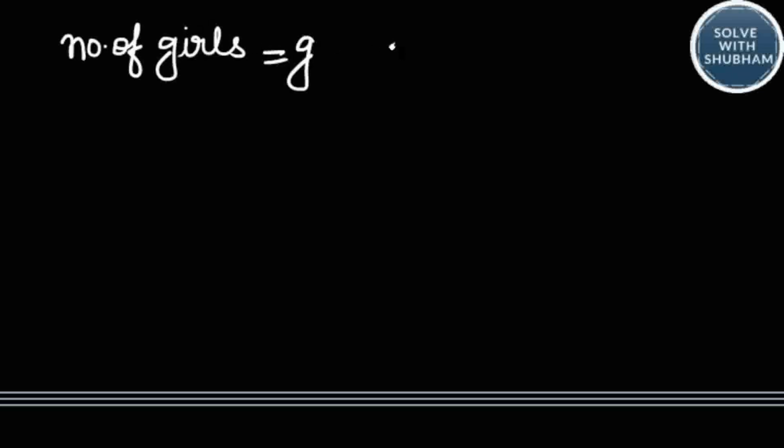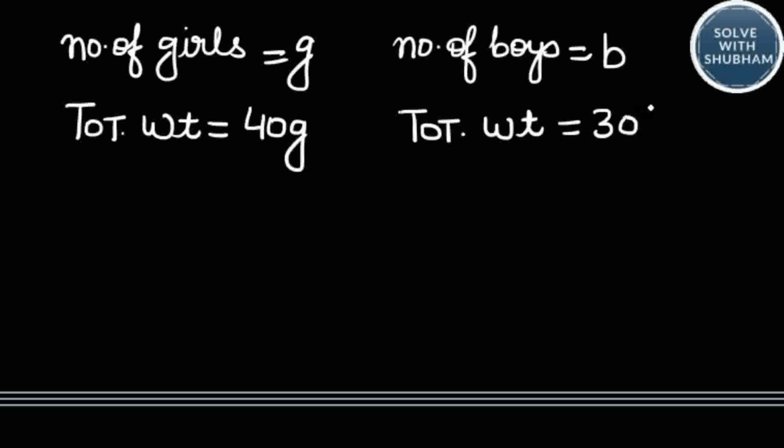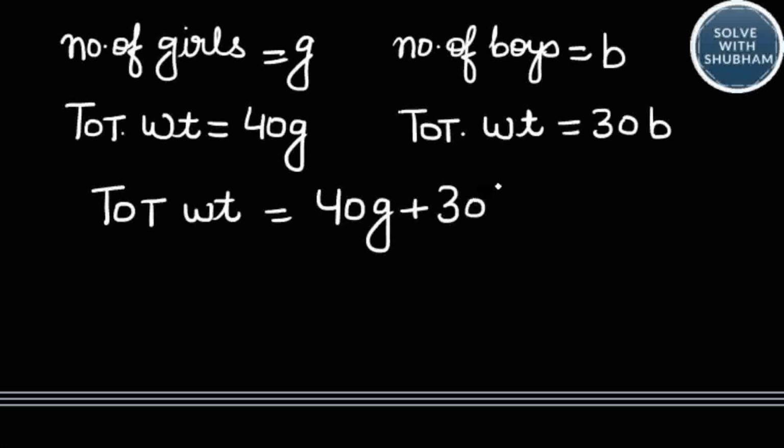So here, assuming number of girls to be G and number of boys to be B. So what would be the total weight of girls? 40G, because 40 is the average weight. What would be the total weight of boys? This would be 30B. So your total weight would be 40G plus 30B.